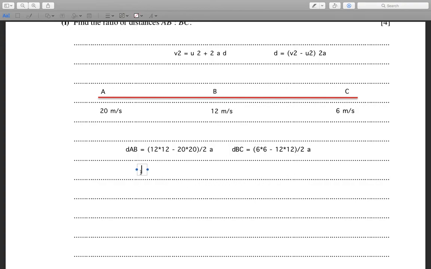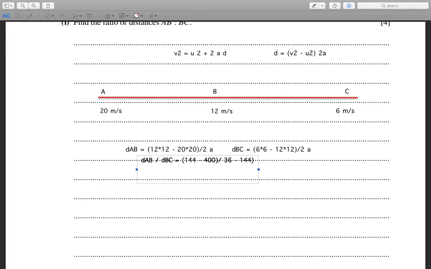Then the ratio of DAB to DBC equals 12 squared, which is 144, minus 20 squared, which is 400, divided by 36 minus 144.